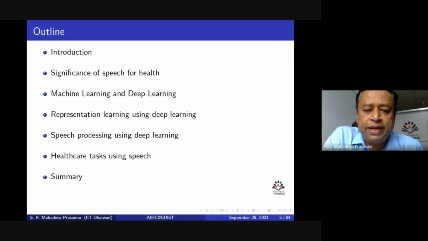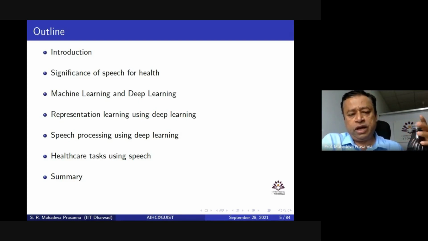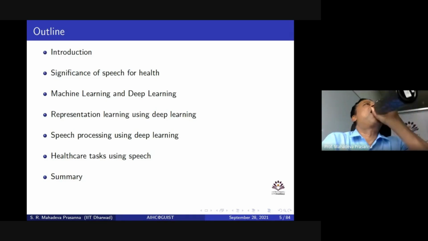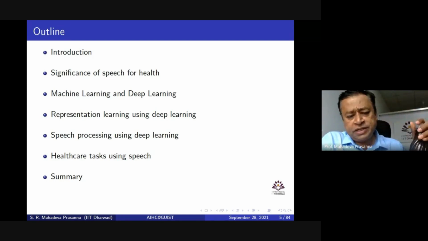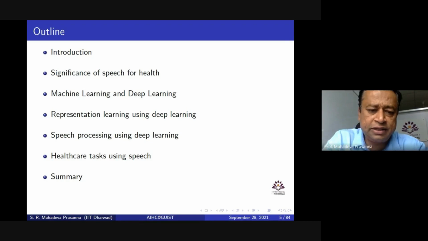Earlier we did this by standard signal processing techniques for getting reduced dimensional feature vectors, but most of the time that was linear processing. In place of that, any deep learning model will do nonlinear processing, so this is hypothesized to be a better feature representation compared to earlier methods.